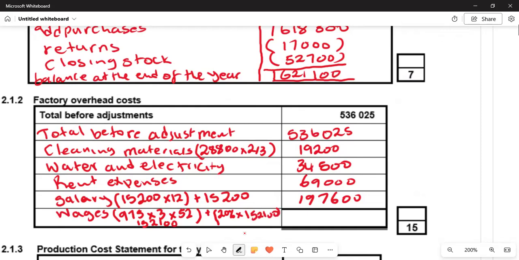We're told 20% is going to be on our basic wage.